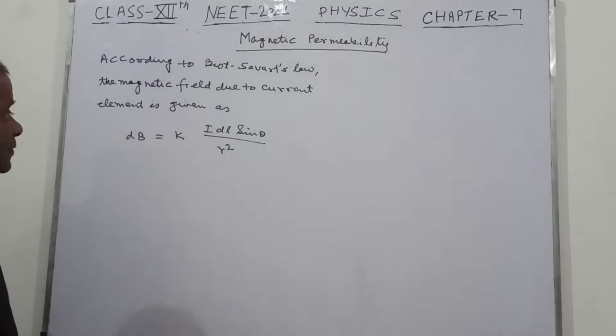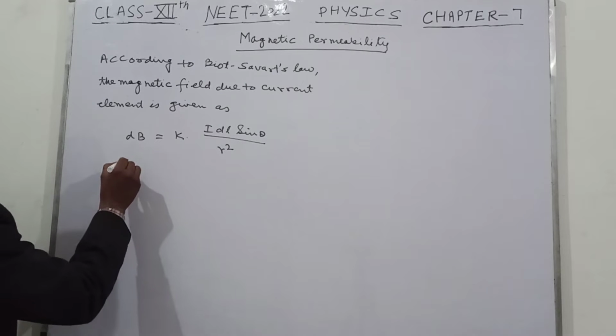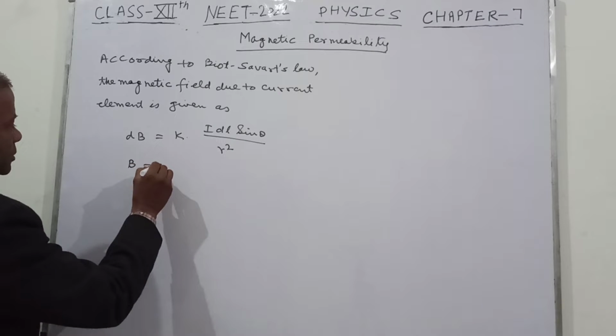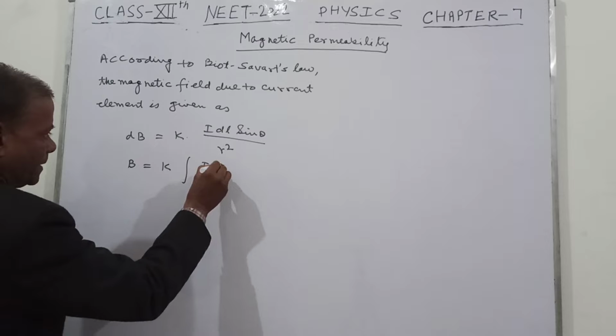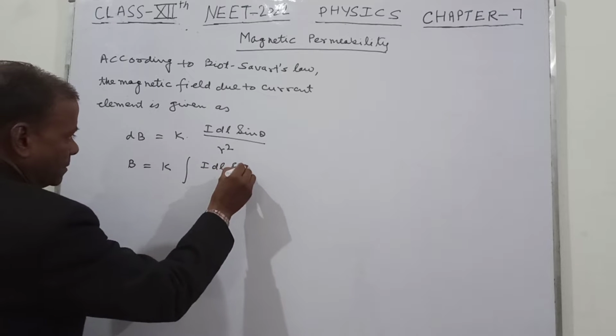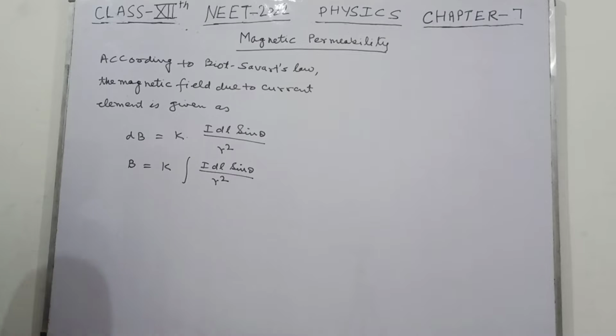Now you can see from here that B is equal to K integration I dl sin theta upon r square.